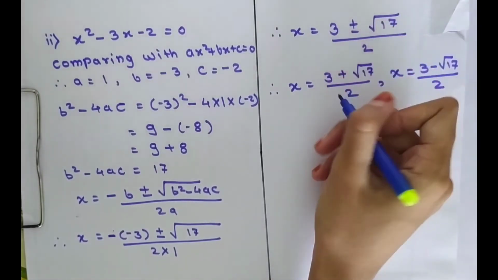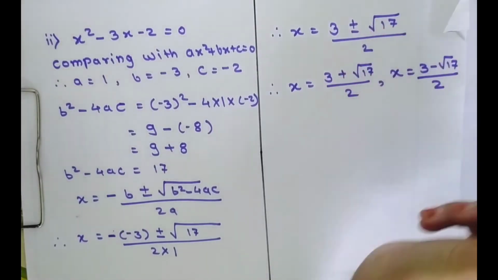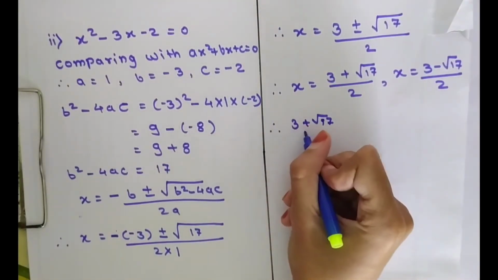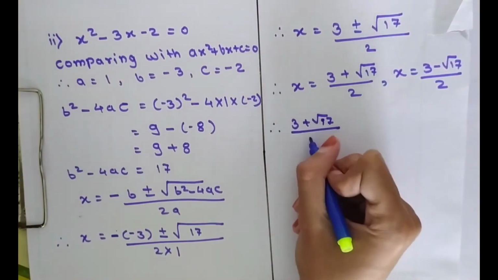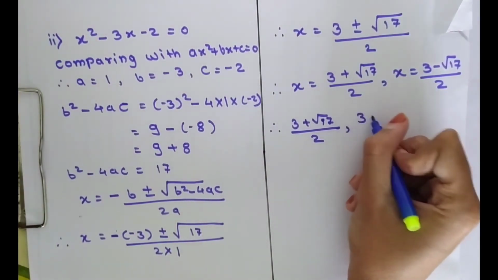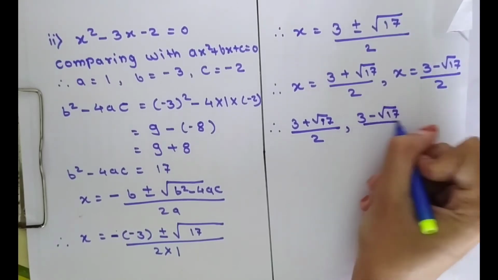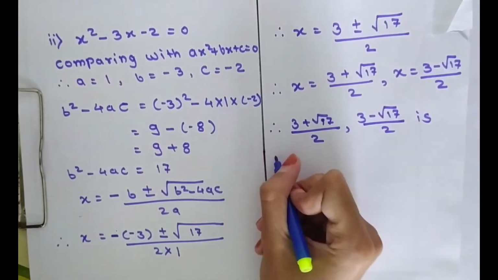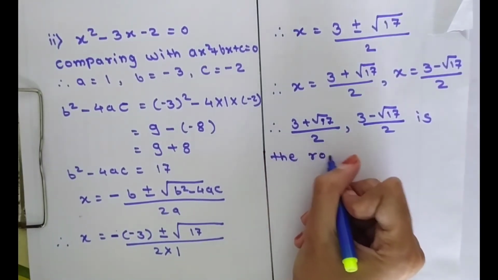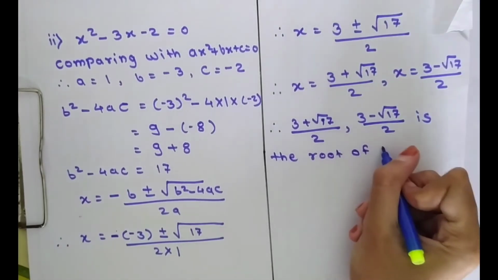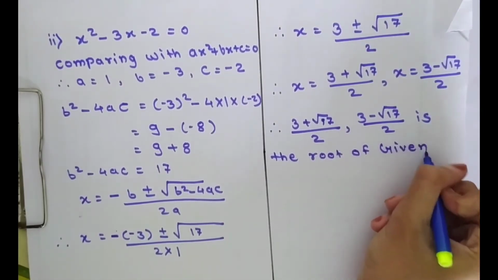Here plus or minus, right? So first write plus, then write minus. Therefore 3 plus root 17 upon 2 and 3 minus root 17 upon 2 are the roots of the given quadratic equation.